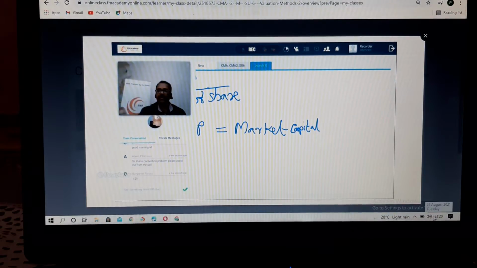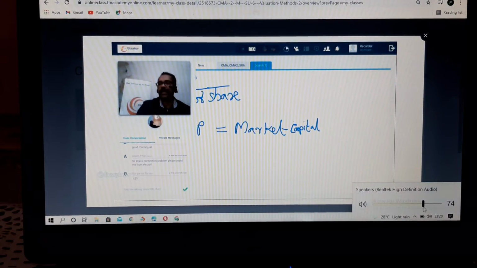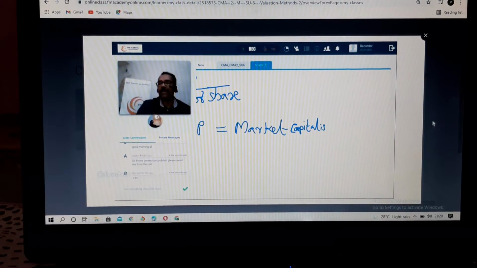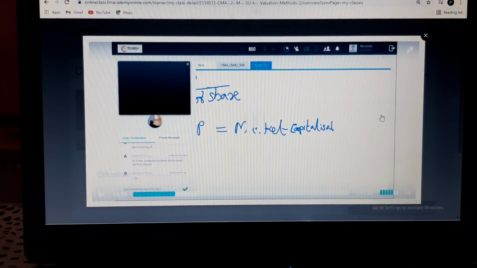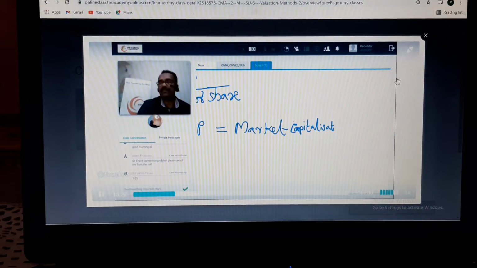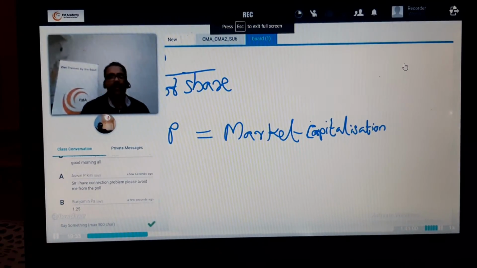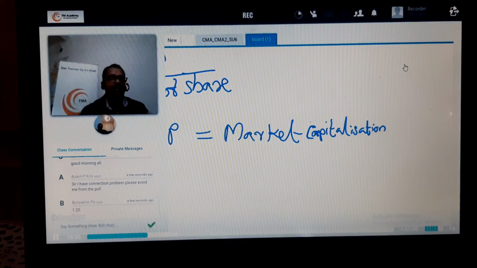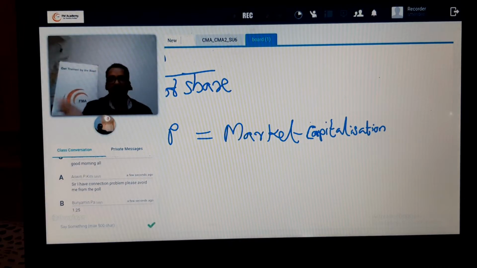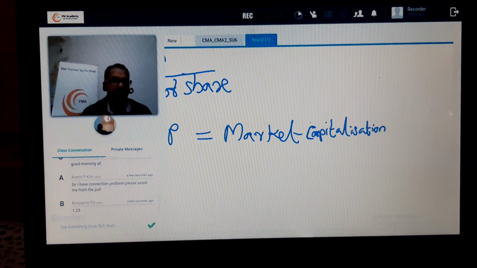And this market capitalization, so Mukesh Ambani's net worth, let's say, is market capitalization of Reliance, and take his stake.